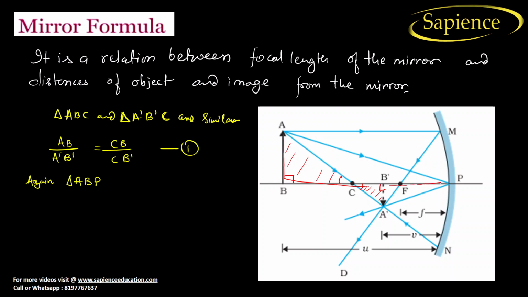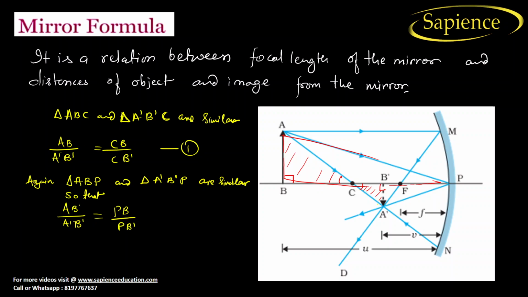So in triangle ABP and triangle A dash B dash P are similar, so that AB divided by A dash B dash is equal to PB divided by PB dash.